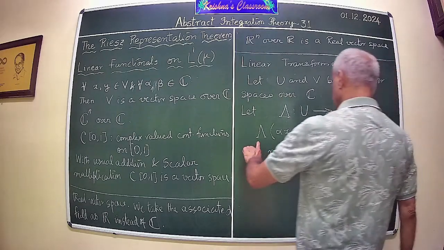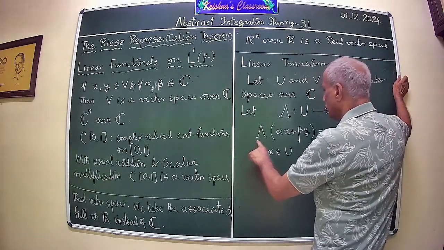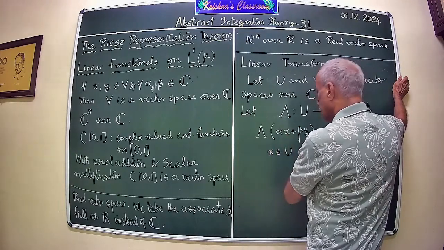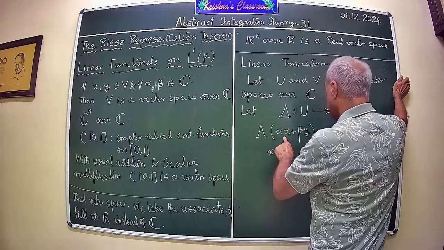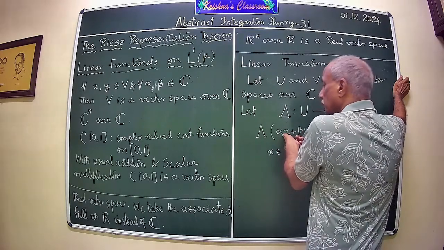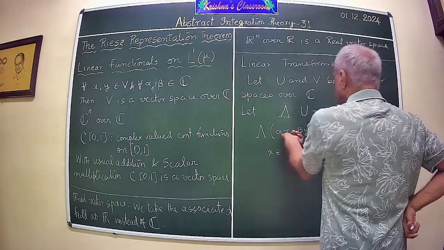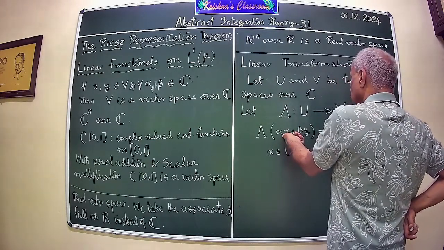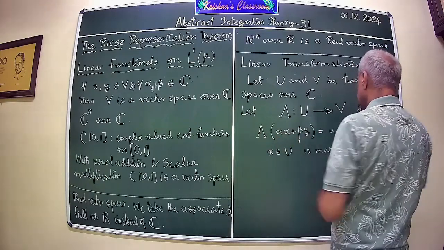And it is not any arbitrary map that we are talking about, but a map with this property. It's called linearity. Lambda of alpha x plus beta y: you know that when x and y belong to U, alpha x plus beta y belongs to U. So what is the image of it under lambda?